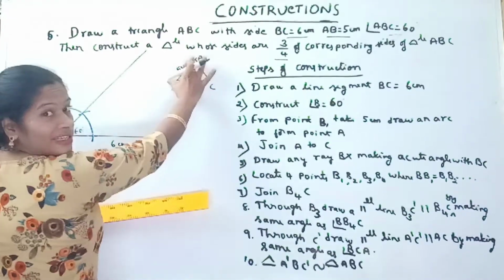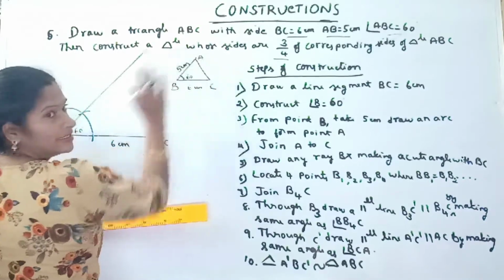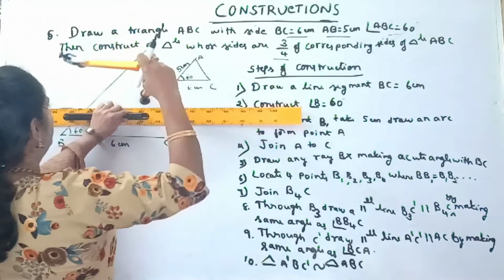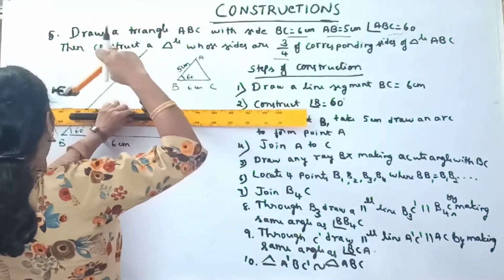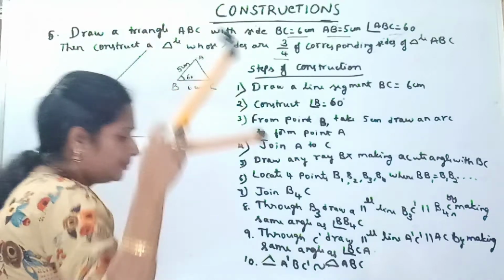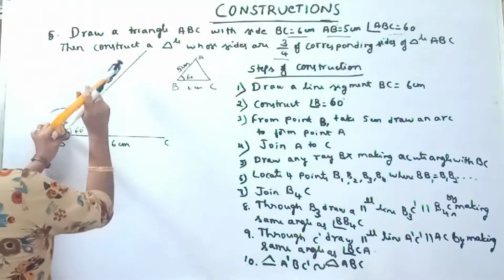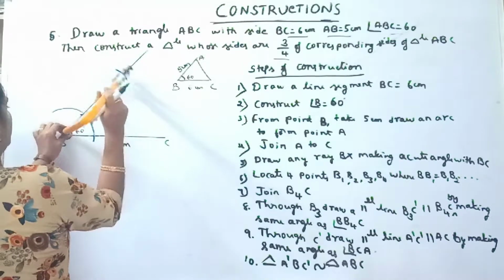Now we have to construct side AB equal to 5 cm. What do we have to do? Take compass and take 5 cm as measurement. Keep your compass on point B and cut that angle.